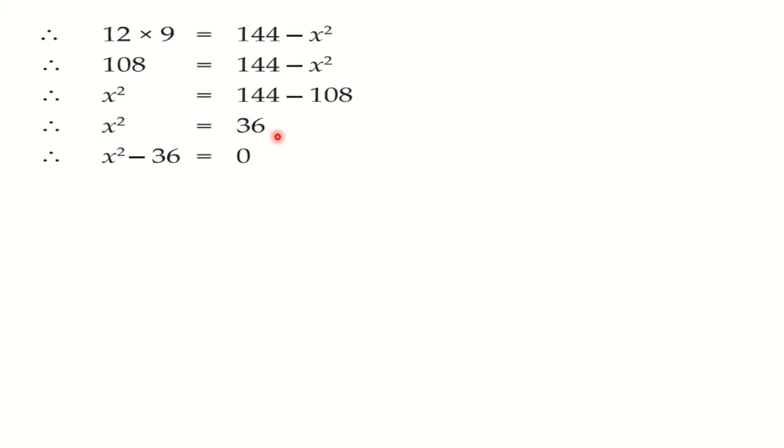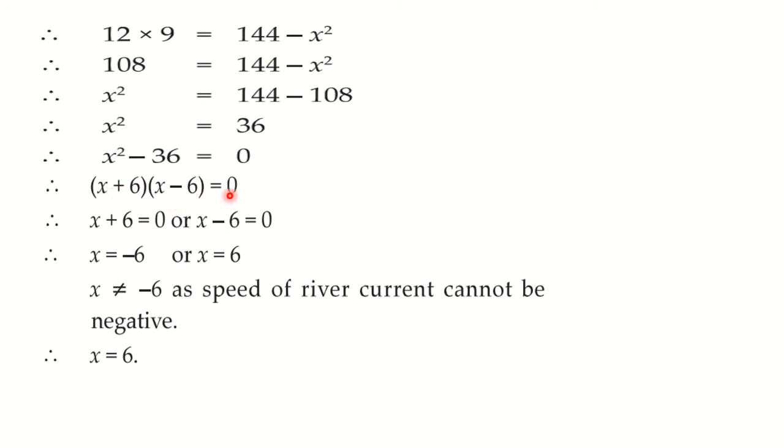At this stage, you don't write x is equal to 6. Please note that we have to find the factors by method. So you have to use the method. Shift this 36 towards the left hand side. And now this is of type a square minus b square. So the factors are a plus b, a minus b, that is x plus 6 and x minus 6. Then you go for either or.